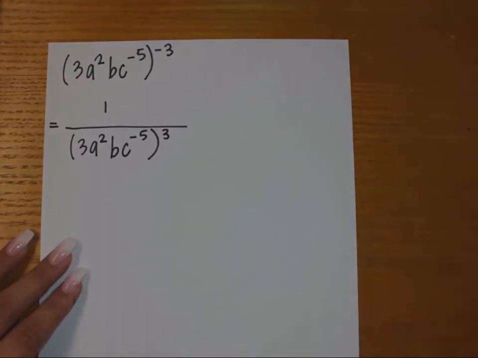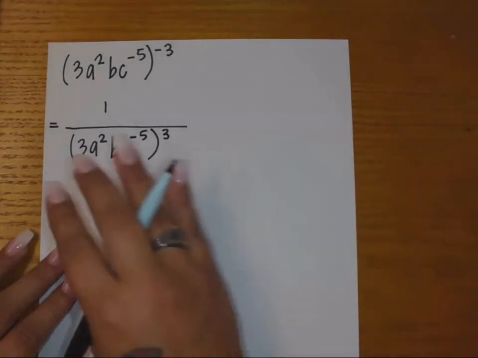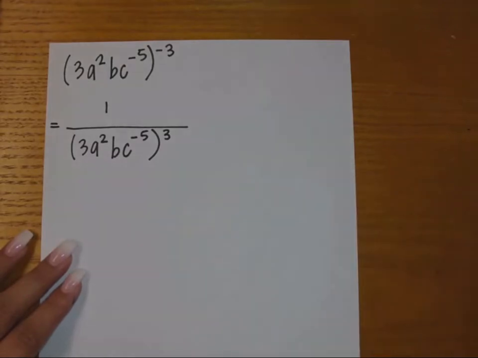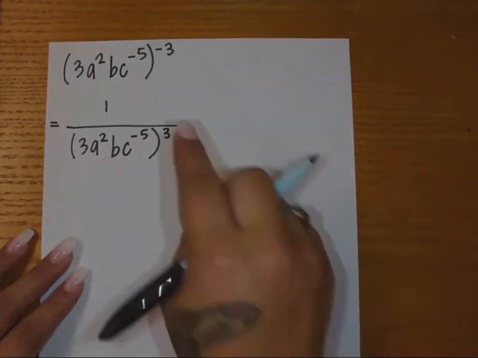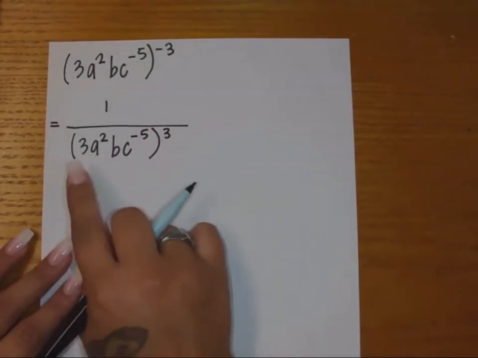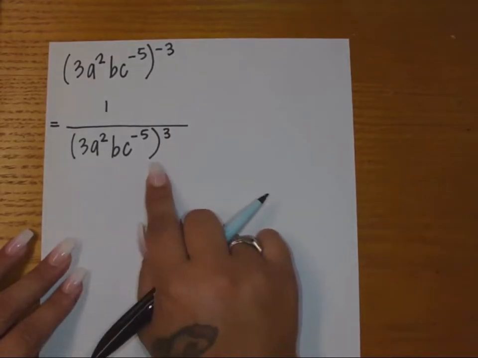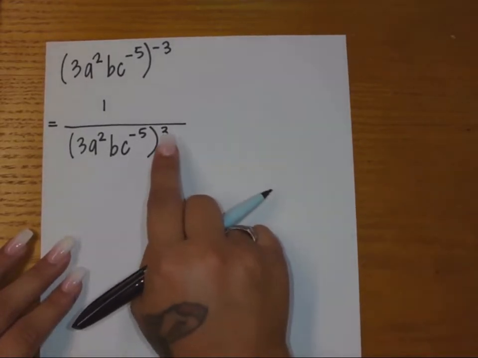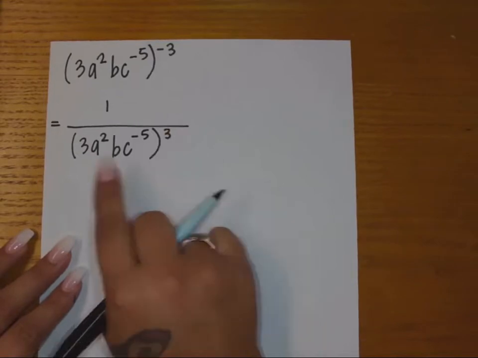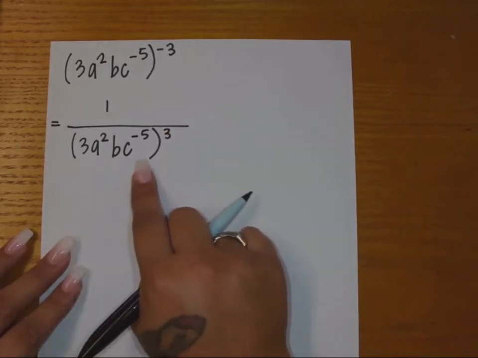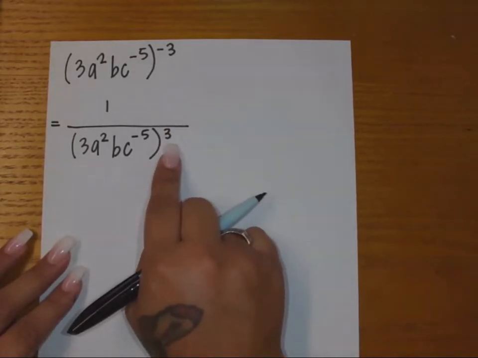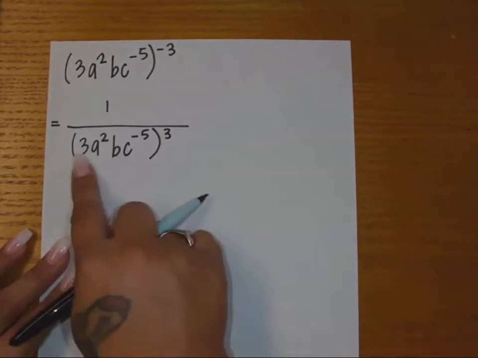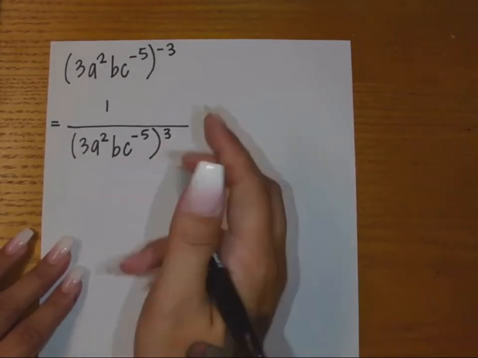I just want to make sure that the rules that I wrote down are completely correct. But let's look right here. We notice that we have a set of parentheses with terms inside of it all being raised to a power. So this means that everything inside of here gets this power. Individually, everything gets raised to the third power.